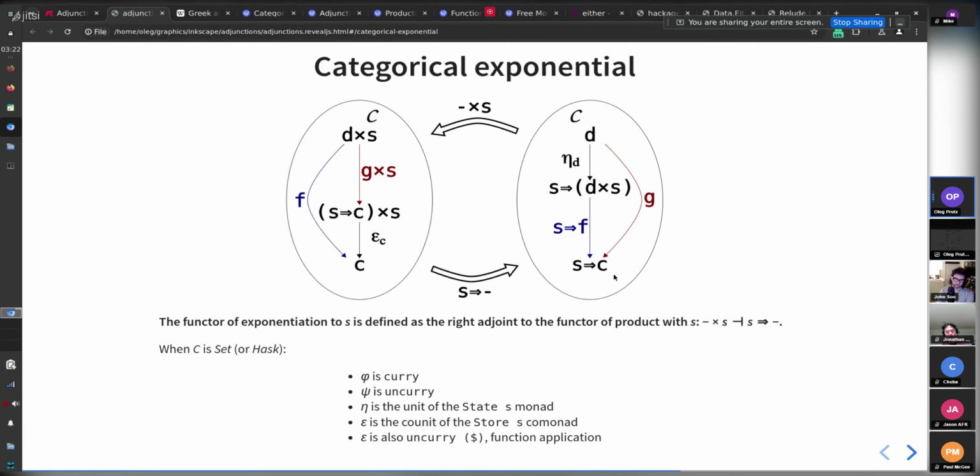Sometimes it's called the internal hom. And I guess that's where the closed bit comes from, because it's internal, right? So you get the hom to become an object in the same category. I see.